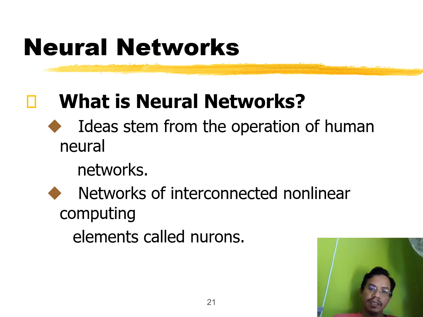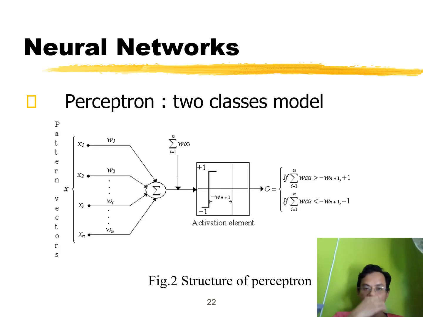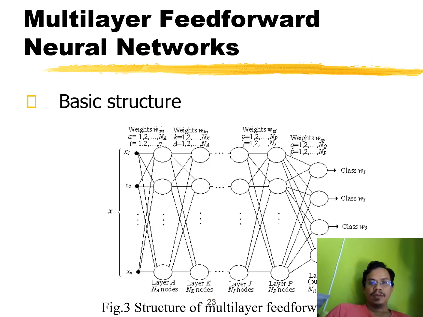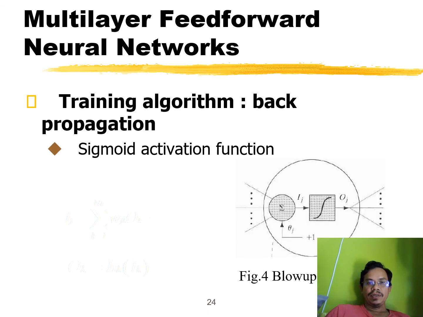A network is interconnected nonlinear computing elements called neurons. In neural networks, we have the perceptron, a two-class model. So this is the structure of a perceptron. This is the basic structure of multi-layer feed-forward neural networks.